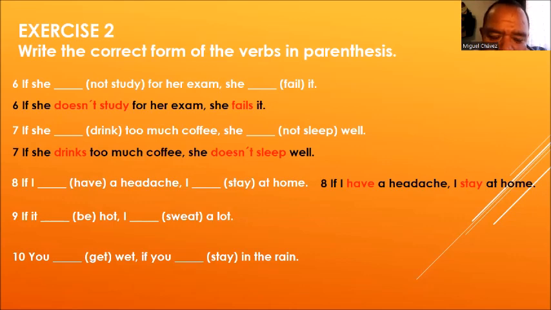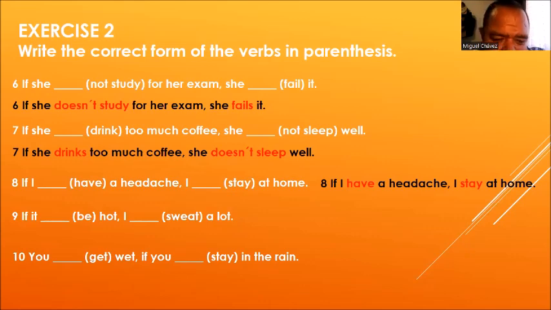Am, is, or are? Instead of be, it would be: if it is. Exactly. If it is. Okay, can you do it using is and sweat in the second part, please, Shadani?